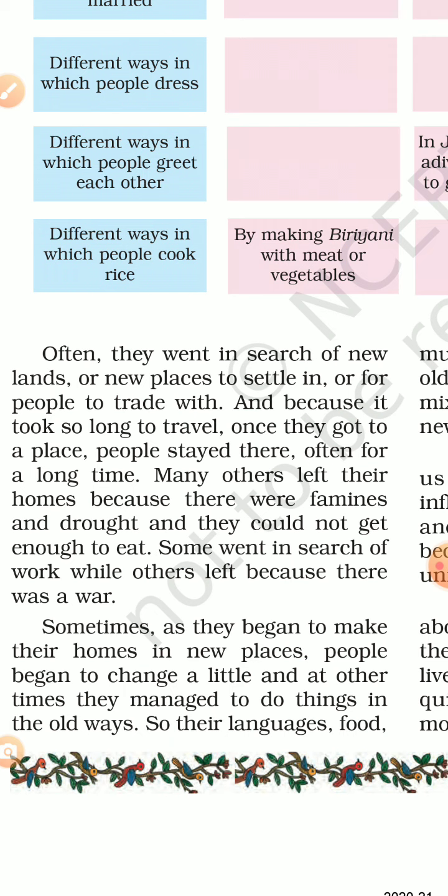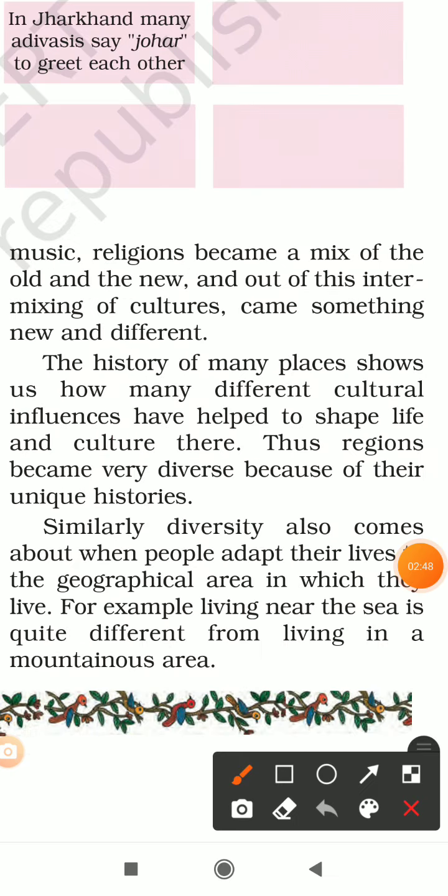Sometimes, as people began to make their homes in new places, people began to change a little, and at other times, they managed to do things in the old ways. So, their languages, food, music, religions became a mix of old and new. And out of this intermixing of cultures came something new and different.